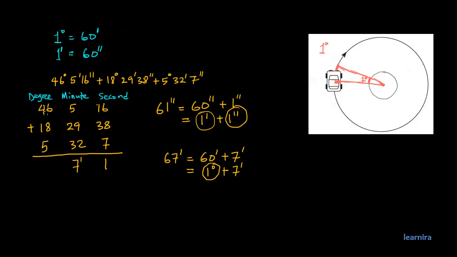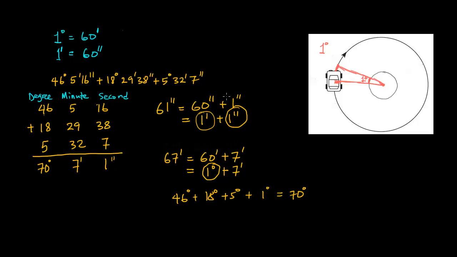We'll add up 46 degrees plus 18 degrees plus 5 degrees plus this 1 degree that we took to the degree column. By the time we add this up, we'll have the final result as 70 degrees. So the final result here is 70 degrees, 7 minutes, and 1 second.